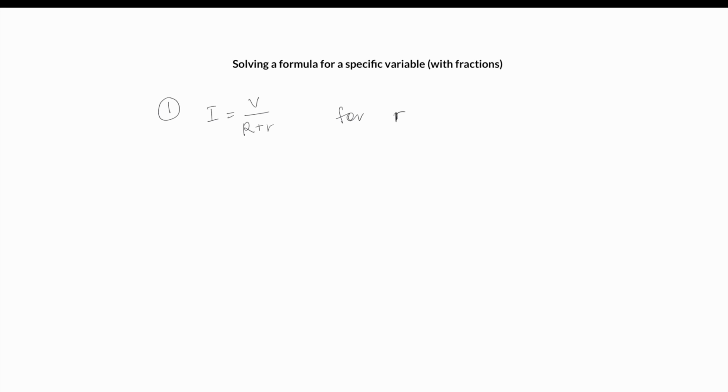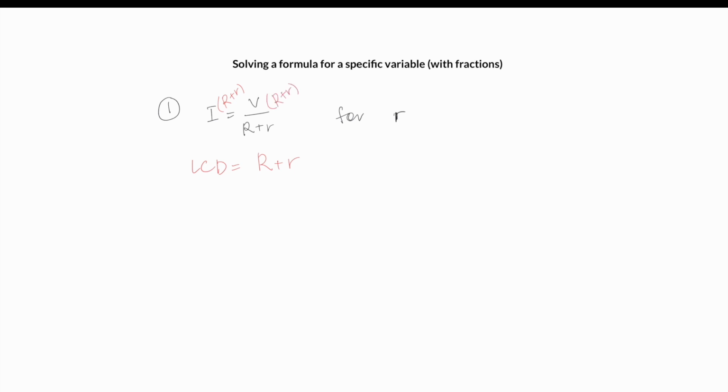We want to clear the fractions, get rid of the denominators, and for that, we will need the lowest common denominator. The lowest common denominator for this equation is capital R plus lowercase r, simply because it's the only denominator. So what we'll do with the R plus r, we will multiply the left side, which is I, by R plus r, and the right side by R plus r.